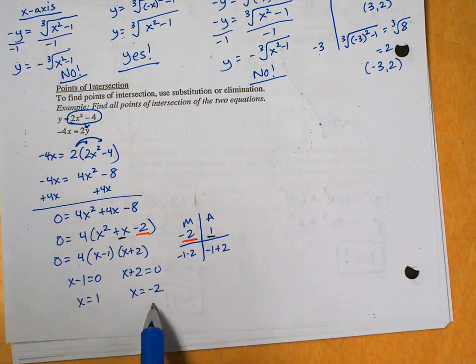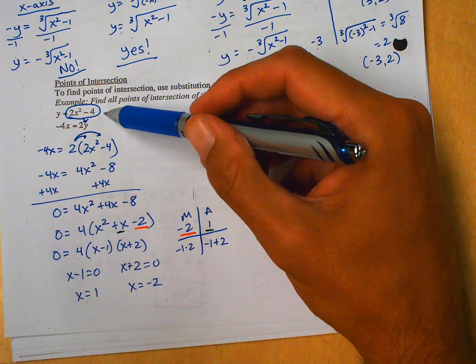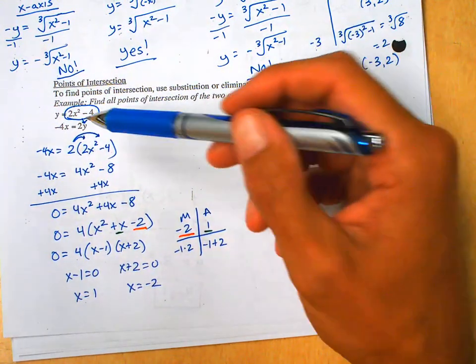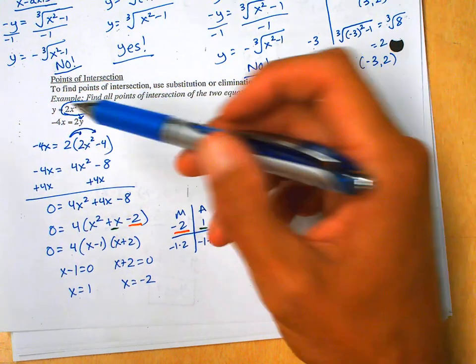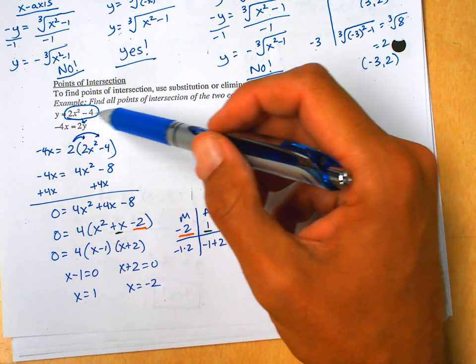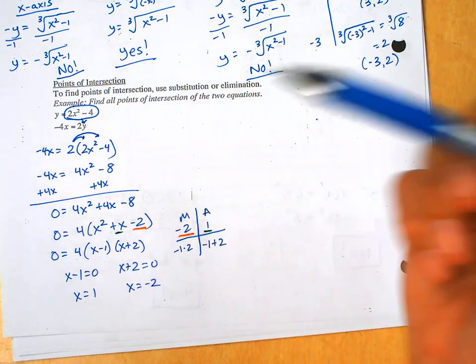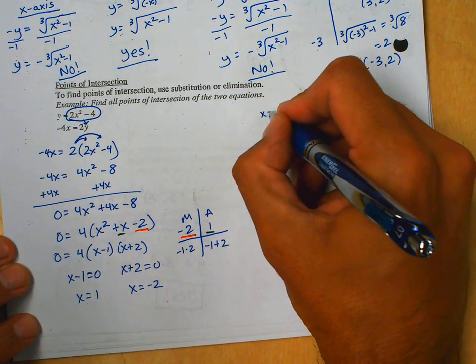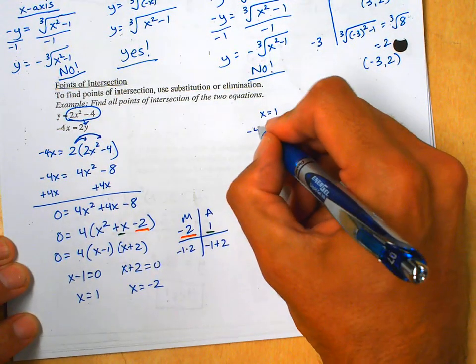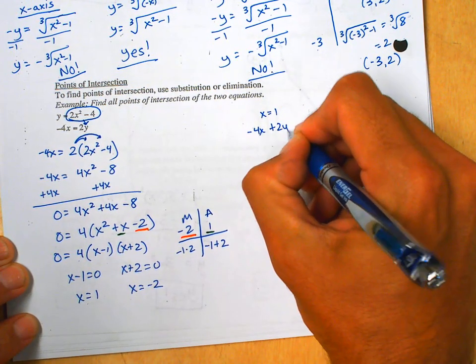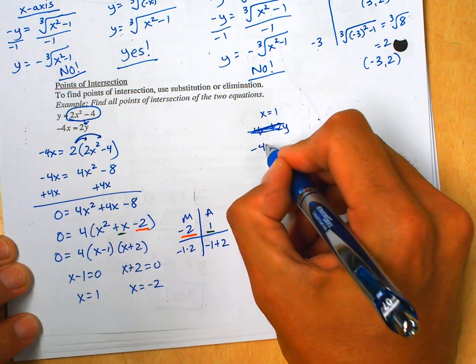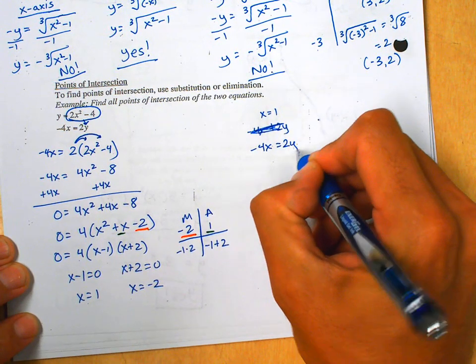So 1 and negative 2, I'm going to plug back into one of the equations, whichever one I think looks easier. It doesn't matter what you choose. You can choose the top one or the bottom one. The top one, y is solved for already. The bottom one maybe is a little simpler. It really doesn't matter. So for x equals 1, I'm going to plug into negative 4x equals 2y.